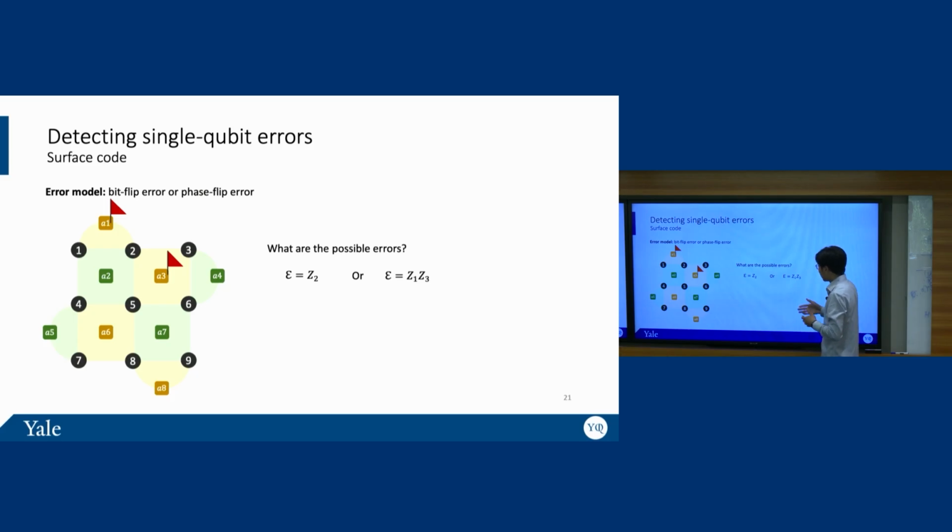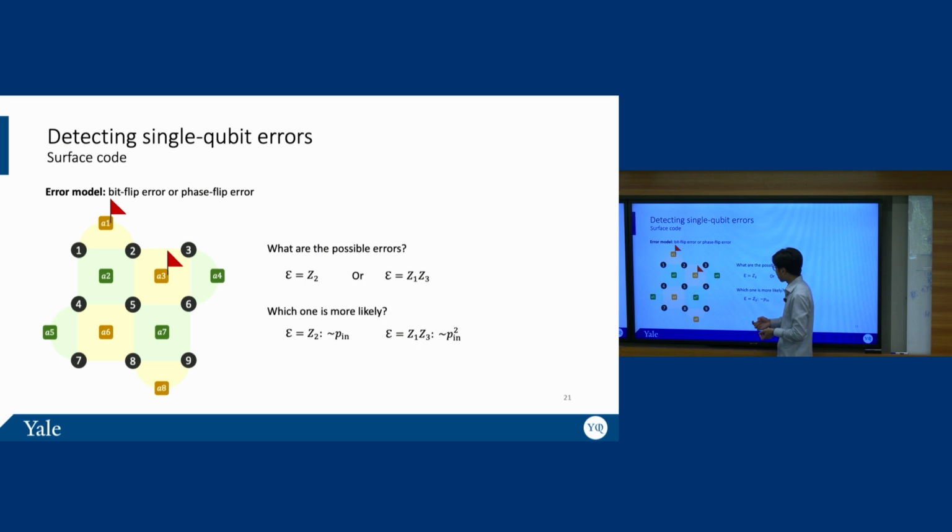And then we can, of course, argue which one was more likely. Assuming that the errors are all independent, and they occur at different locations of the physical qubits, one error is more likely than 2 errors at the same time. So we can say, yes, there are multiple possible errors that could cause the flags, but the single error on qubit 2 is more likely.